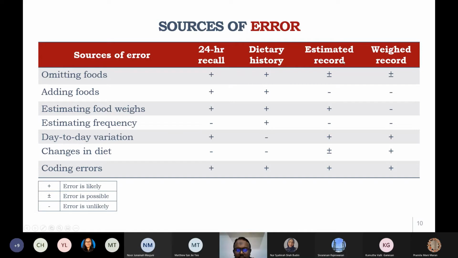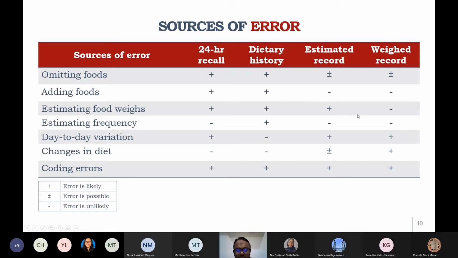And for estimated record, there is a possibility of omitting foods because the act of recording depends on the respondents, right? So they might omit their food from reporting in the estimated record. And then adding food is not likely in estimated record and weighed food record.